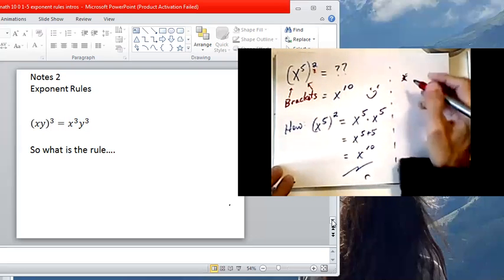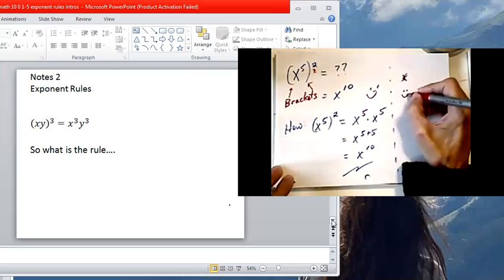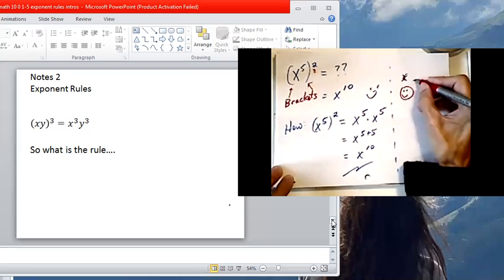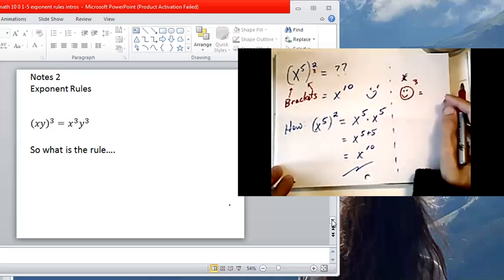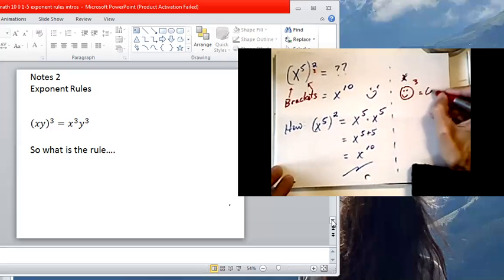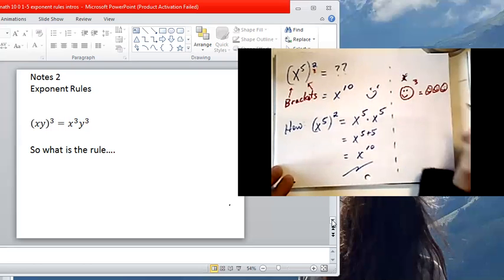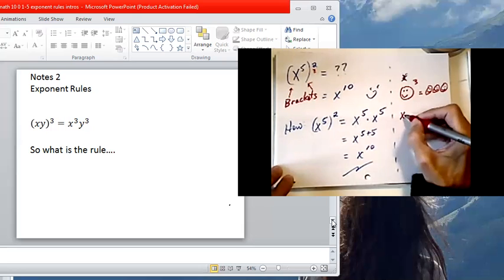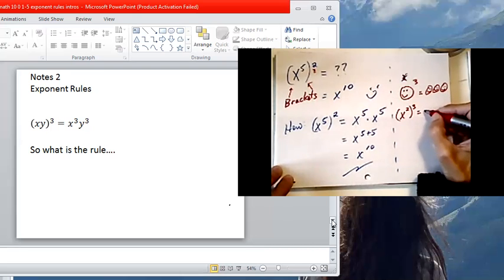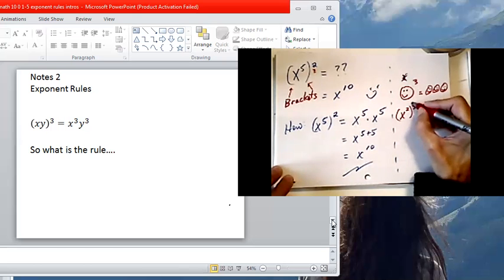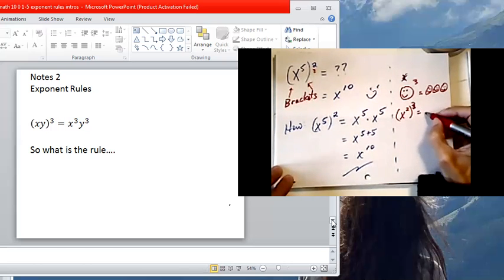Check this out. Just to be silly, let's say we had smiley face to the power of 3. So 3 smiley faces: 1, 2, 3. So if we had x to the 2, so this is x to the 2 to the power of 3.